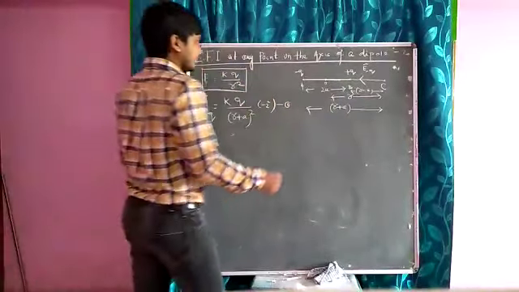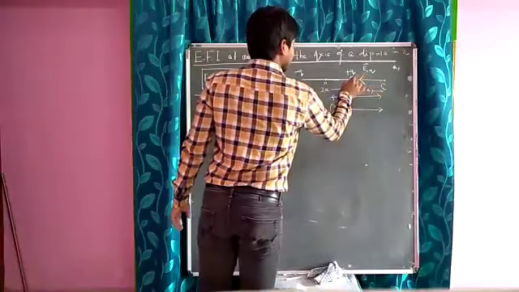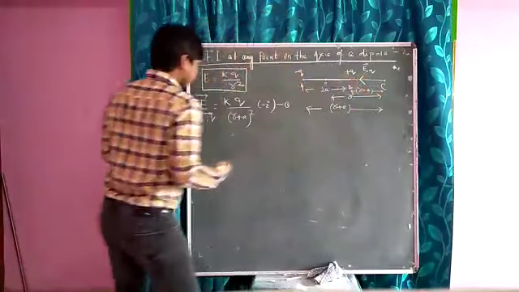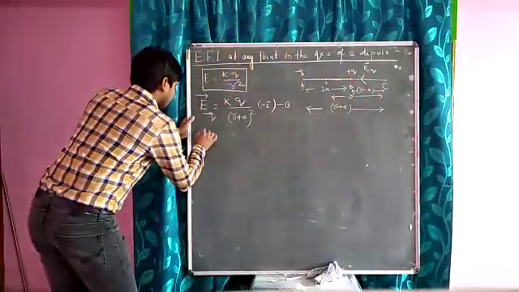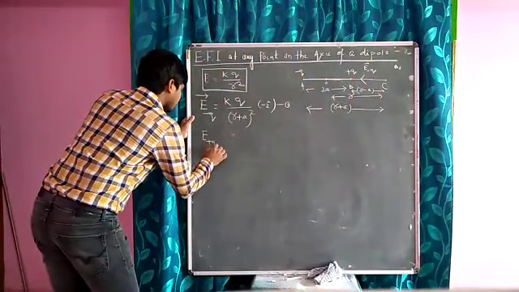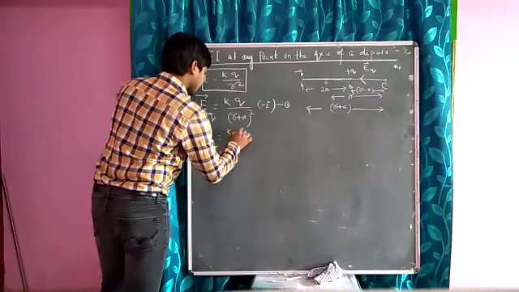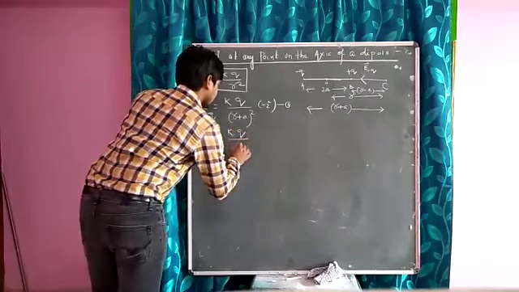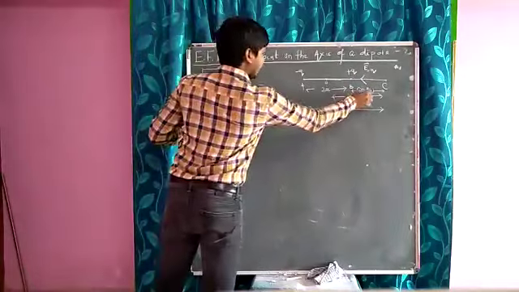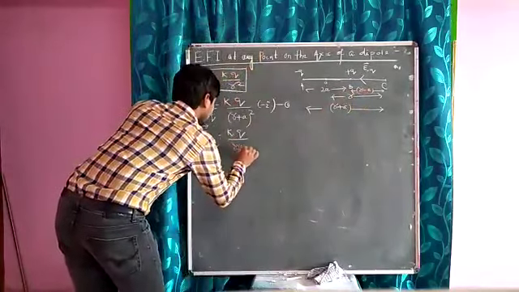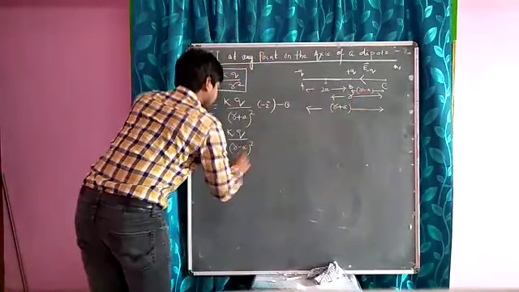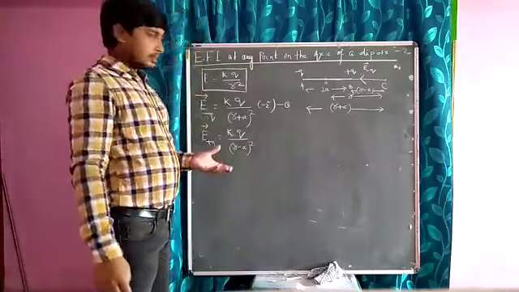Similarly, the electric field intensity at the point C due to the plus q charge will be kq by, the distance is r minus a, hence it will be r minus a whole square. What about the direction of the E plus q?